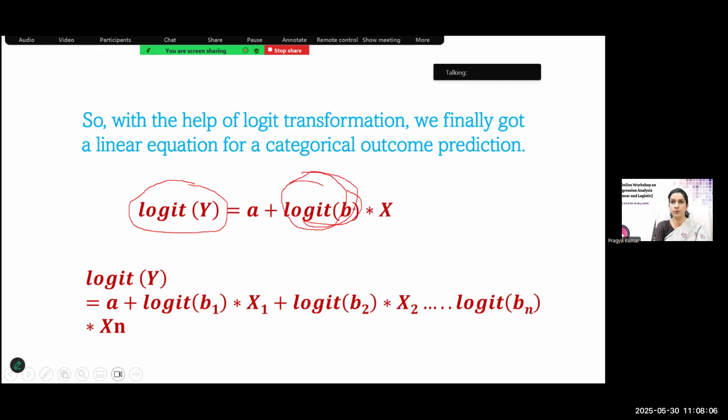You don't have to do it, but it gets converted. This is for the simple case, if you have one variable. If you have many variables, then here also it is logit, and everywhere this is logit. So this is the natural log of the odds. Okay, that's the logic, that's the link function. That's how we describe the logistic regression equation.